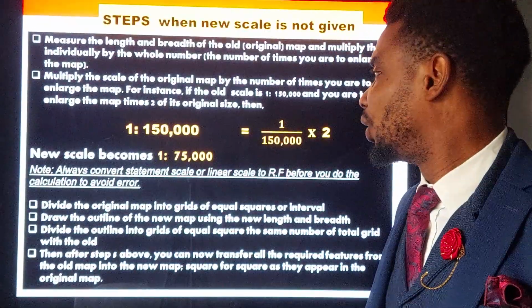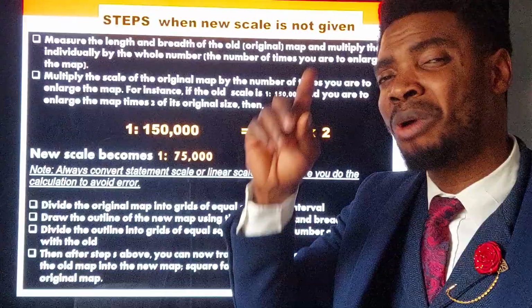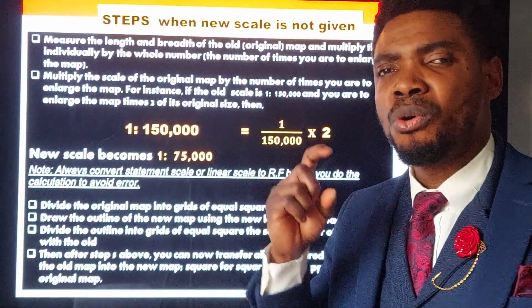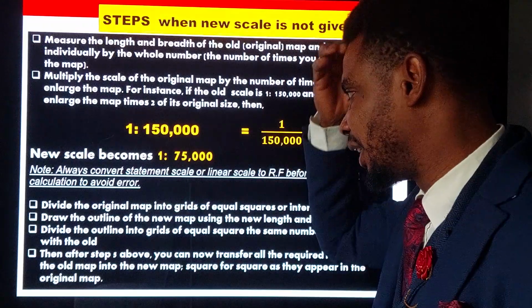You will write it as 1 ratio 150,000. Which is what this slide is explaining.